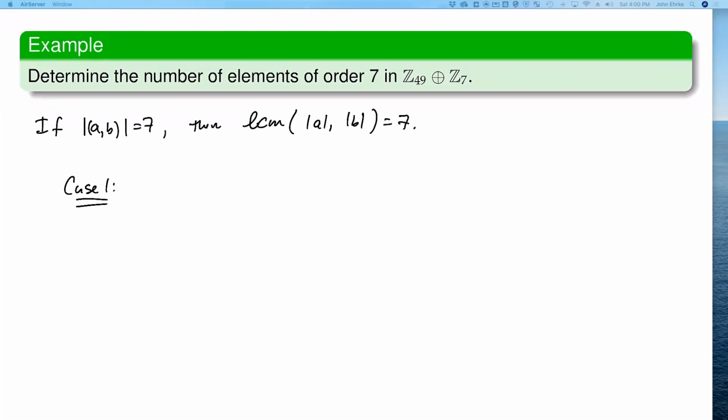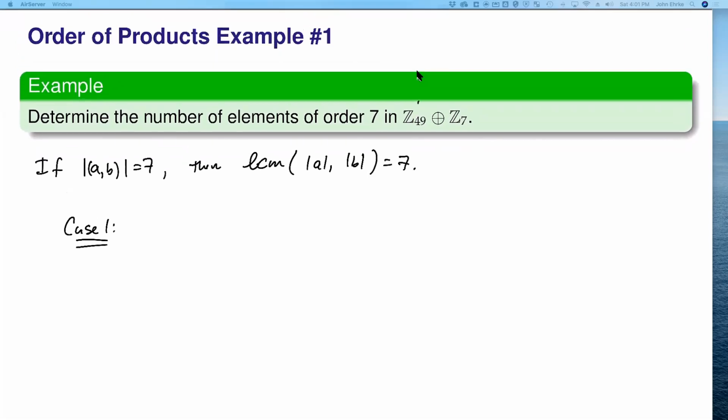Well, remember that the orders of the individual elements in these groups have to divide the order of the group by Lagrange's theorem. So Z49 is a group of order 49, which means the elements either have order 1, 7, or 49. So if A is an element of Z49, then the order of A is 1, 7, or 49.